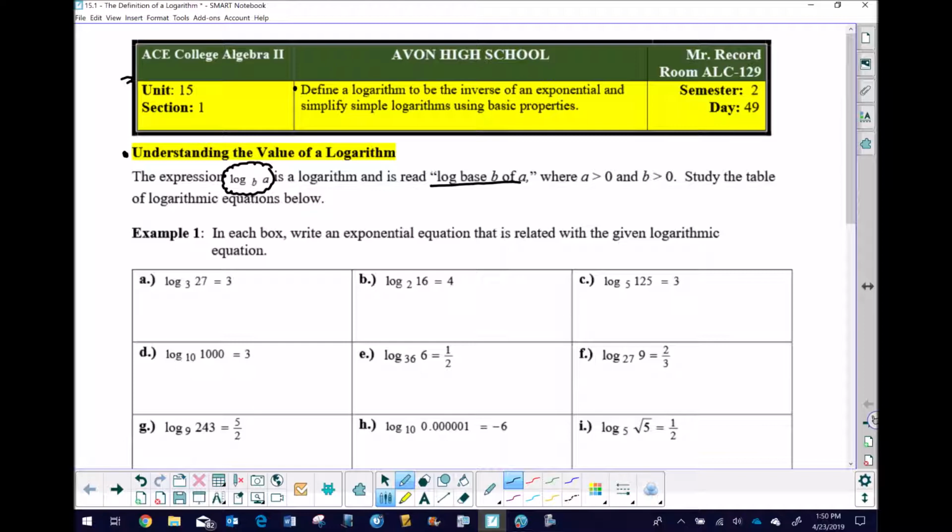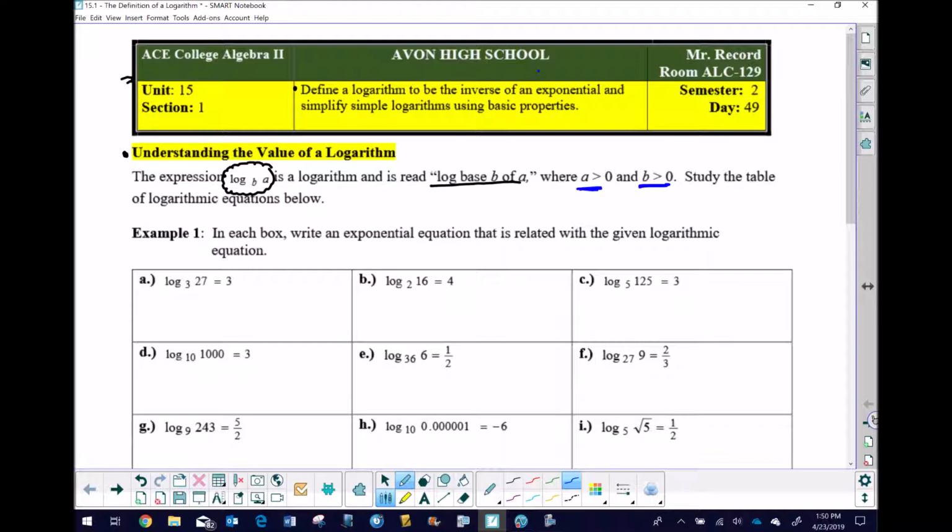It's very important that a has to be a positive number. Things are not going to work very well if you try to take the logarithm of a negative number. We'll see why. And your base will always be a positive number, because logarithms are not defined for bases that aren't positive.